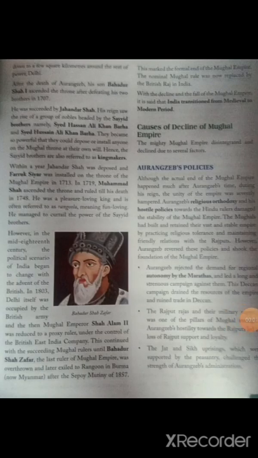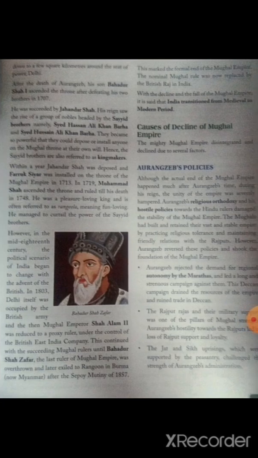In 1803, Delhi itself was occupied by the British Army, and the then Mughal Emperor Shah Alam II was reduced to a proxy ruler under the control of the British East India Company.